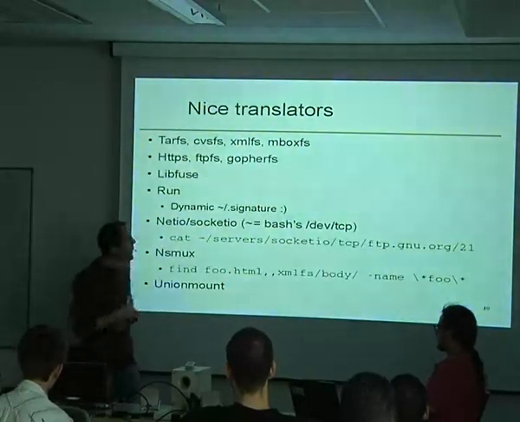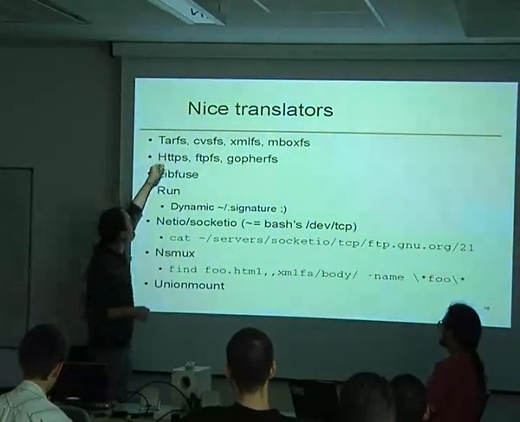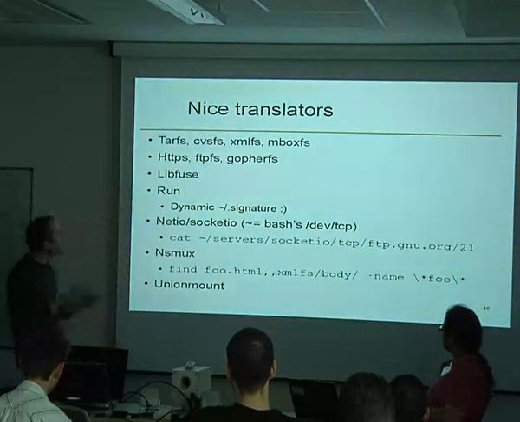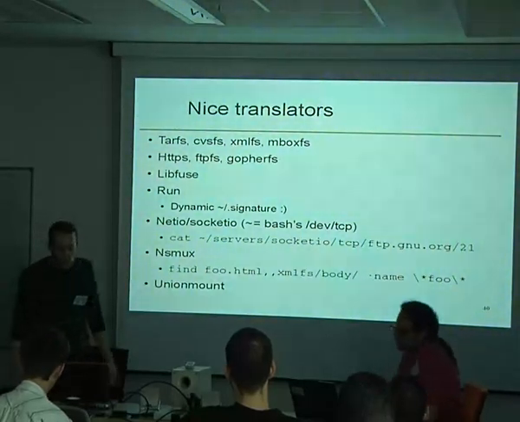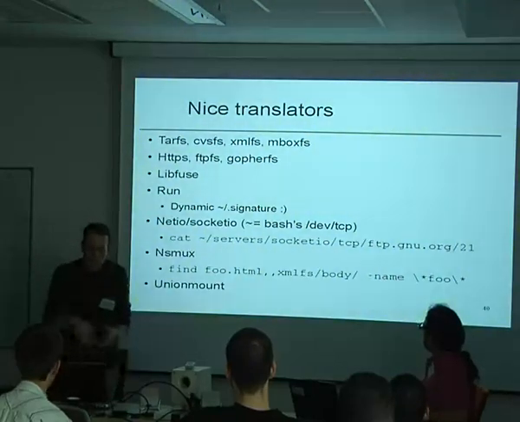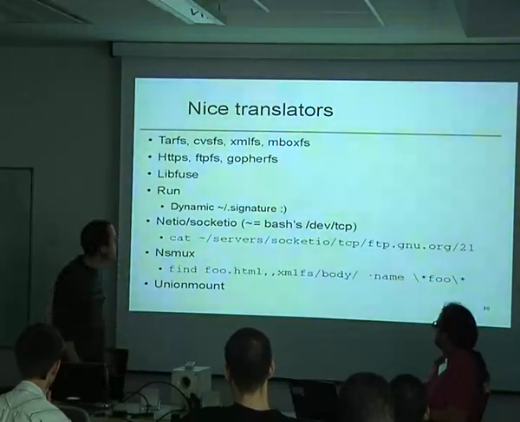Okay. Other nice things. So we have funny stuff like this. You can access the inside of a tar file. You can access CVS as a hierarchy of the commits. I never tried it, so I don't know how it shows up, but it does show up.